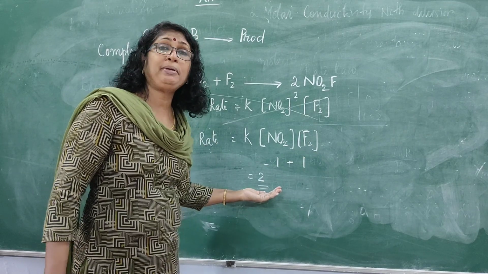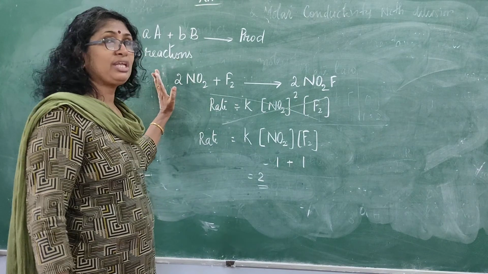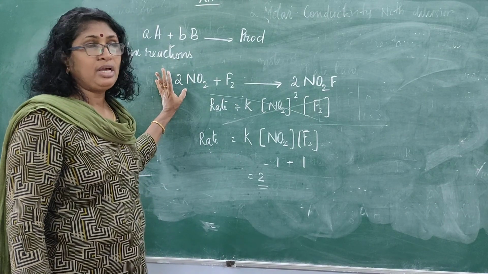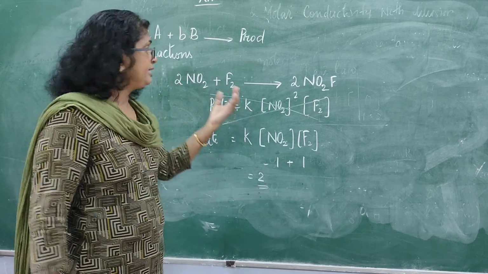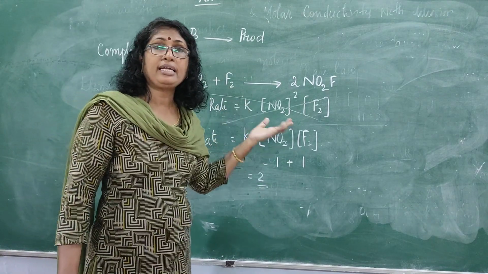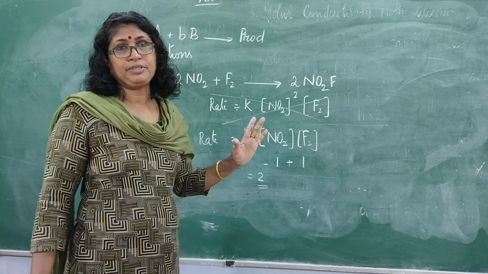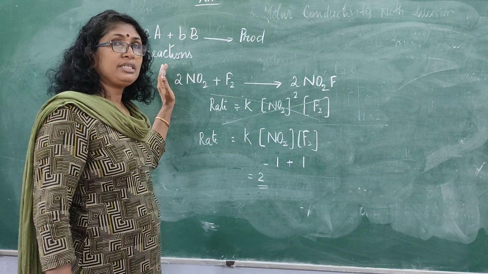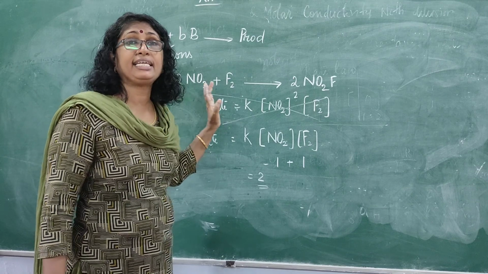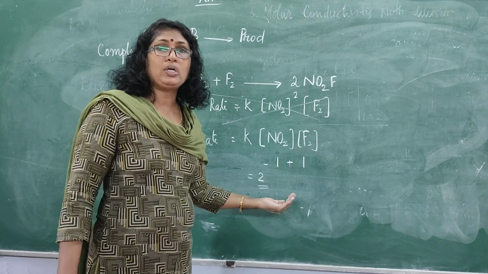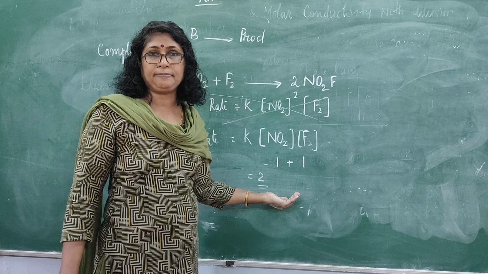So, this is an experimental quantity, whereas molecularity is only a theoretical one. We take it from a balanced chemical equation, believing that all these molecules take part in the chemical reaction. Understood? So, molecularity is only a theoretical quantity, whereas order is an experimental quantity.